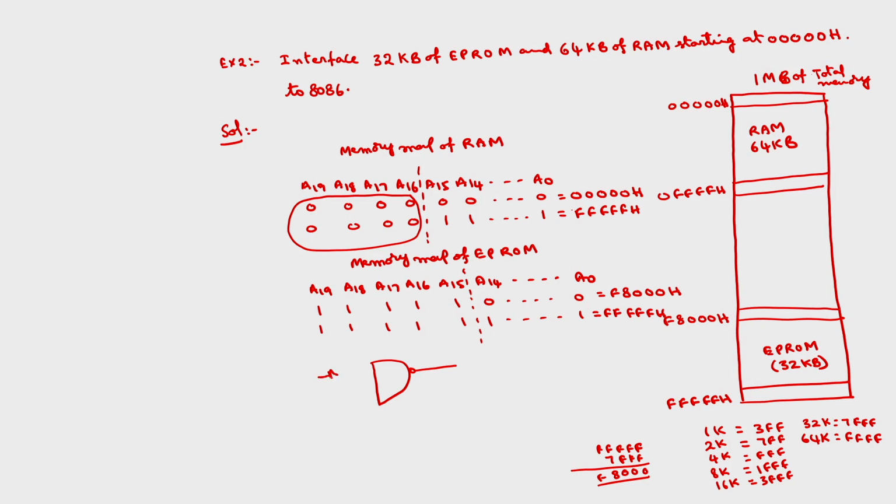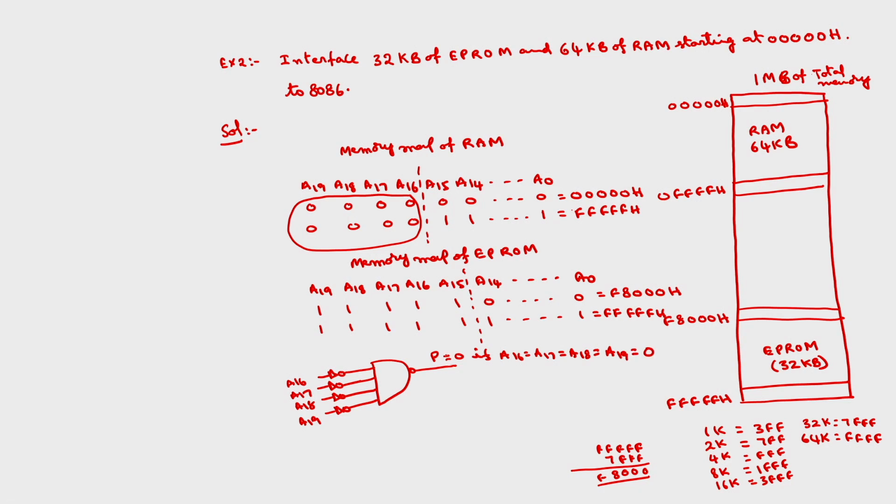So you can connect like this, with NOT gates. You give the inputs as A16, A17, A18, A19, and you call this output P. So P is equal to 0 if A16 is equal to A17 is equal to A18 is equal to A19 is equal to 0.